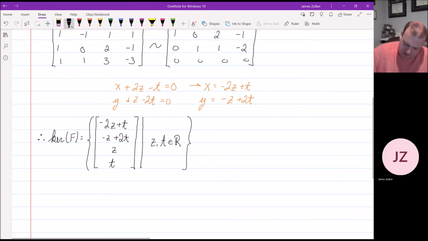Now notice what this means. Let's call this set K. Let z be 1 and t be 0. Then we get this vector here.